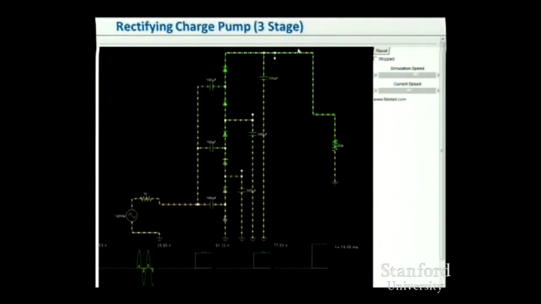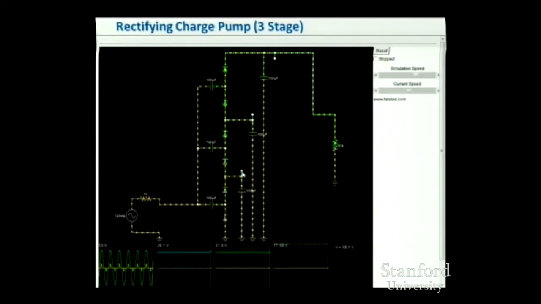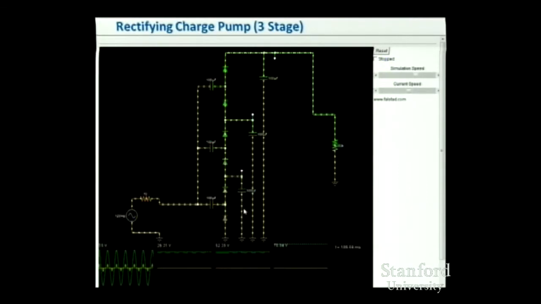Okay, and in this simulation, we've ganged 3 of those stages together, and what that gives us is voltage gain. This point here where I'm putting the mouse is giving us 26 volts of DC. At this point, after the second stage, we're getting something like 52 volts of DC, and after the third stage, we're getting 78 volts.